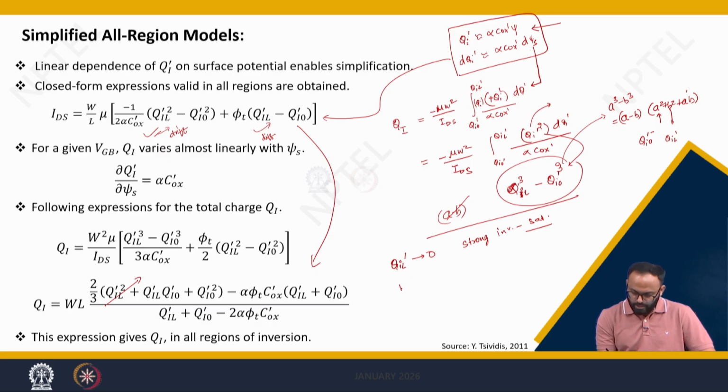Here you are left with W into L into 2 by 3. This term will also be 0 because Qi L is 0. You will get Qi 0 dash square. This term is due to diffusion.